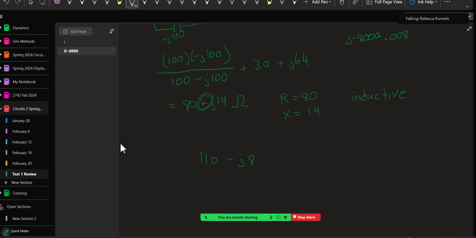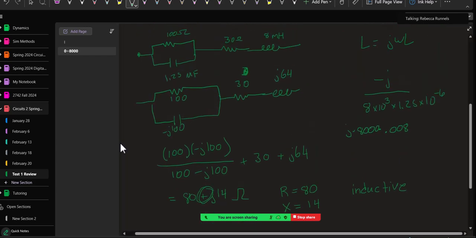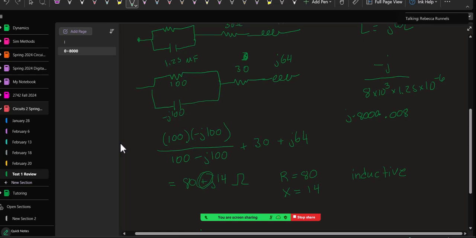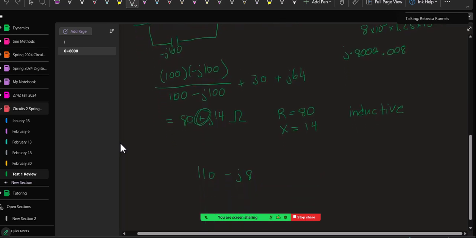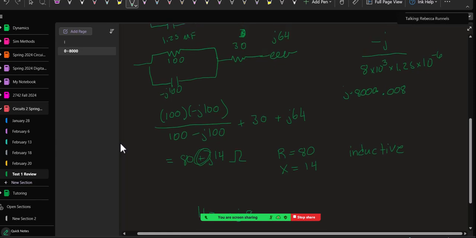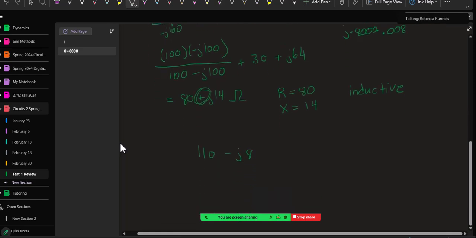Okay, at what finite frequency does the impedance of the interconnection become purely resistive? So we have to look at and figure out where it would become purely resistive.